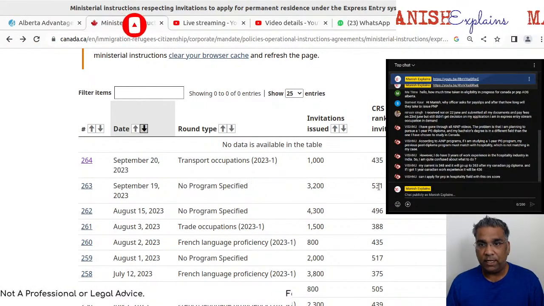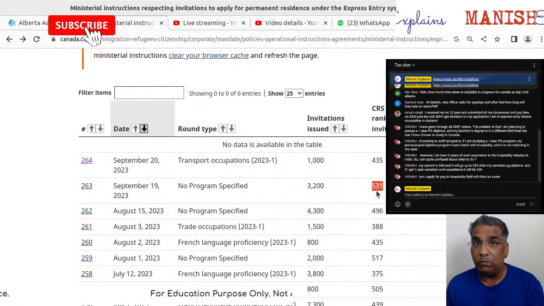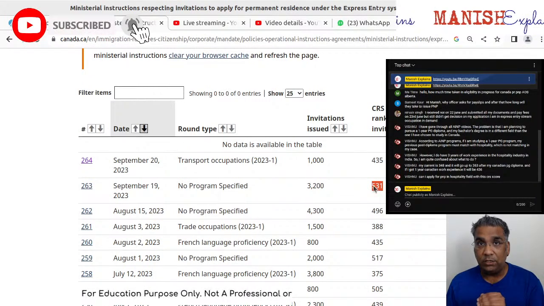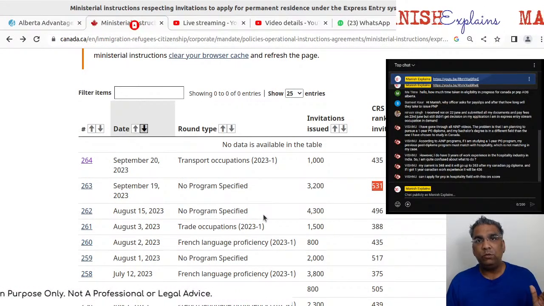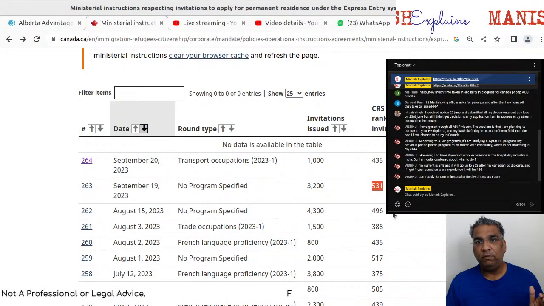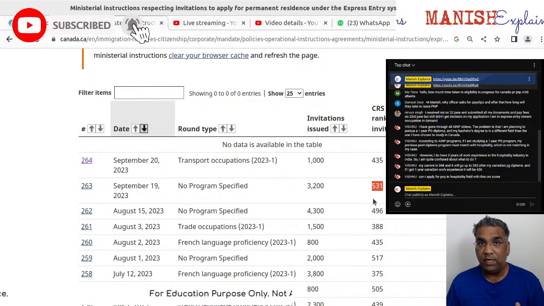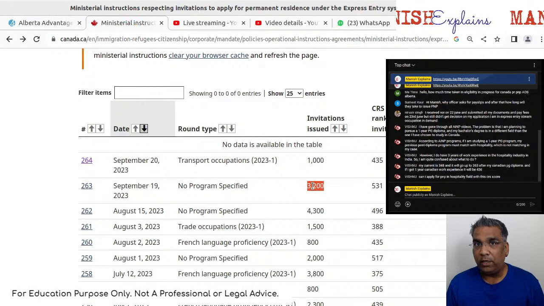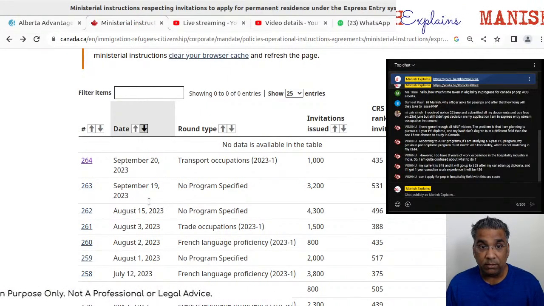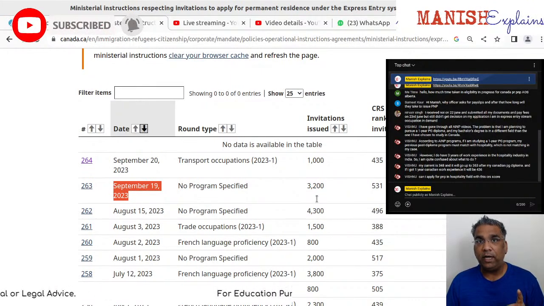So for example, here 531 was the CRS score that was selected. Every person in the pool with a score of 531 or higher will get an ITA. And 3,200 ITAs were issued on September 19th, in one day.